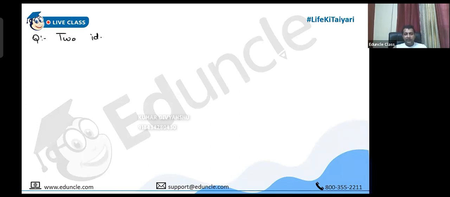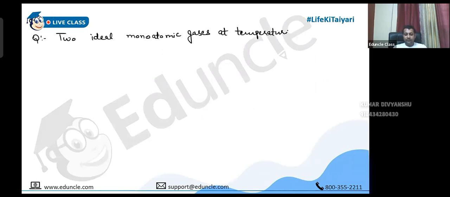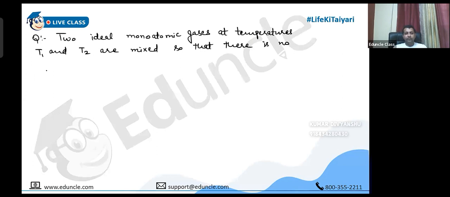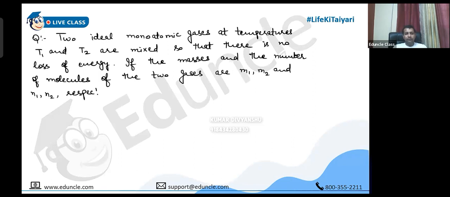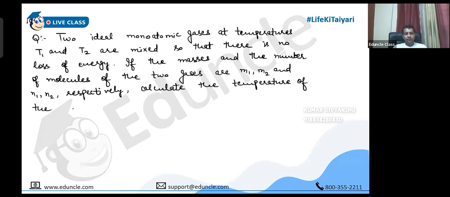So two ideal monatomic gases are mixed. We have to calculate the temperature of the mixture. The most important thing to note is that the gases are monatomic, and there is no loss of energy when they are mixed.